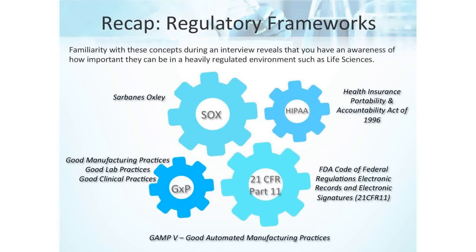Yeah, and the one new one from the last presentation I want to mention is GAMP 5. GAMP stands for Good Automated Manufacturing Practices, and this is both a subcommittee of the International Society of Pharmaceutical Engineering, ISPE, and it's also a set of guidelines for the creation and usage of computerized systems to be compliant to CFR Part 11.